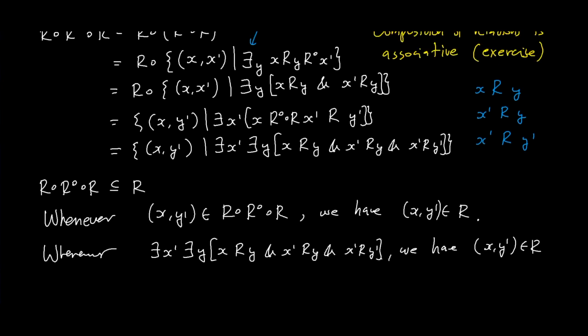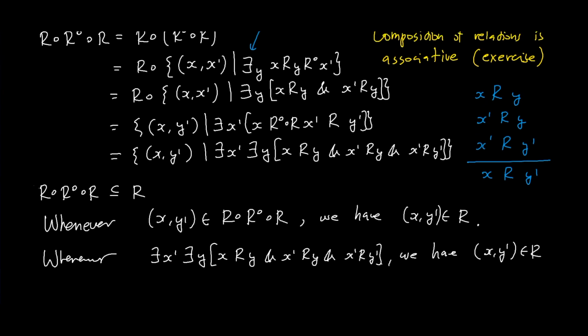That's exactly what our scheme was telling us, that whenever X and Y' can be connected by a zigzag, in other words, whenever Y and X' exist such that these three conditions hold, then X must be related to Y'. That's exactly what we're saying here, except that now we're just using these fancy symbols to express the fact that X' and Y must exist, which was already kind of assumed here.